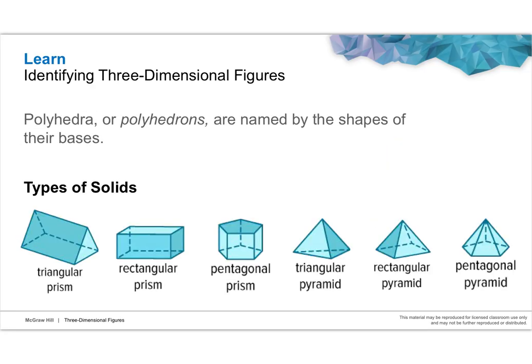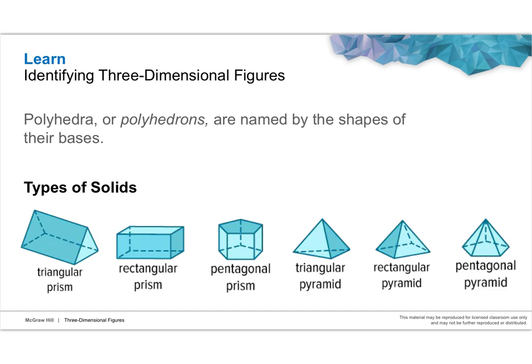Polyhedra or polyhedrons are named by the shapes of their bases. So we have 6 different solids that are listed here at the bottom of page 107. And we can see left to right, we have a base that is a triangle and other surfaces that are parallelograms. So this is a prism and it's a triangular prism.